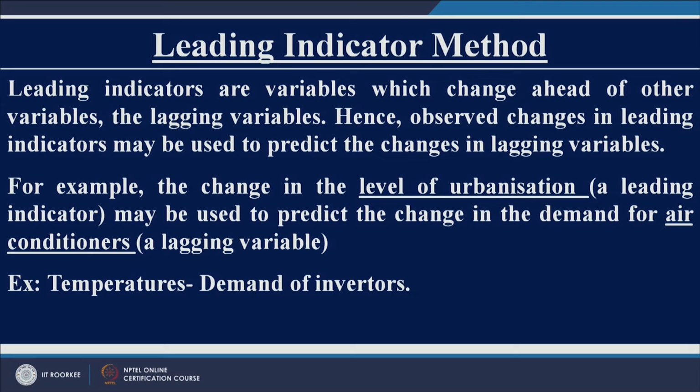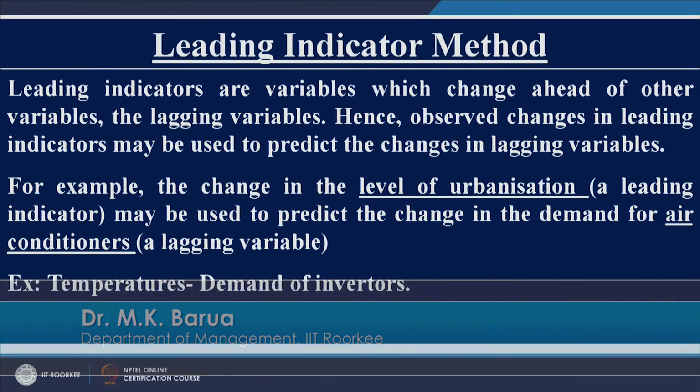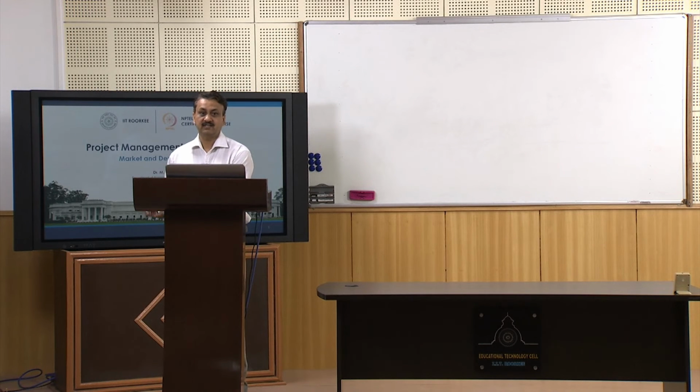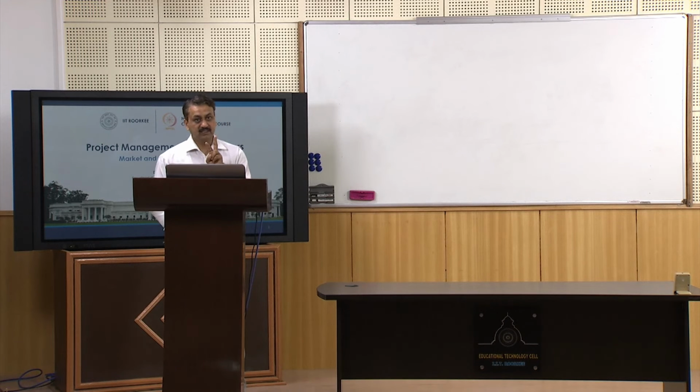So, this is a very simple method. Another example can be temperature. If you have more and more temperature, you would have more and more demand for air conditioners, fans, there would be more power failures during summers, then you would require more and more inverters. So, the important point in this method is you need to find out the leading and lagging indicators.